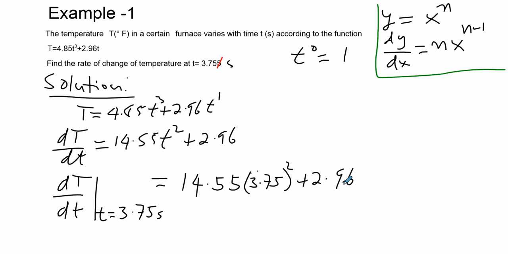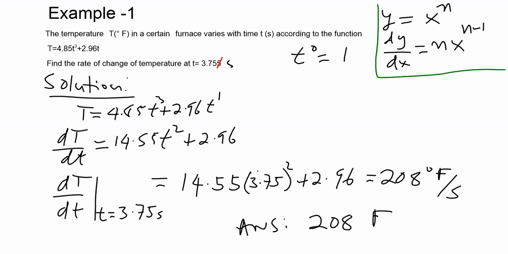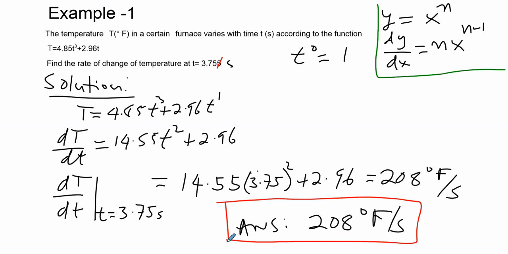If you calculate this, you get 208, and the unit for temperature is Fahrenheit per second. So we say the answer is 208 Fahrenheit per second. So that's the solution for example 1.